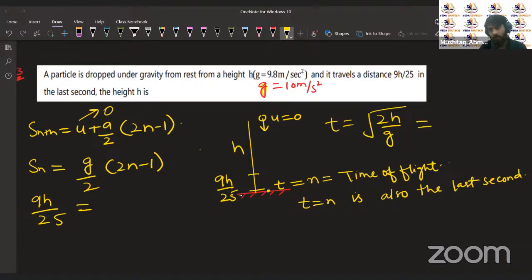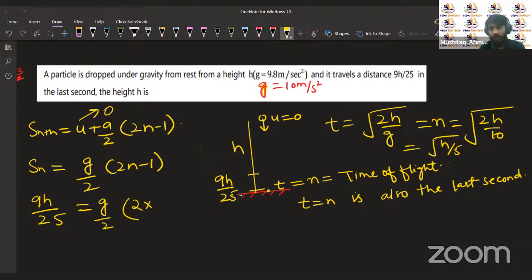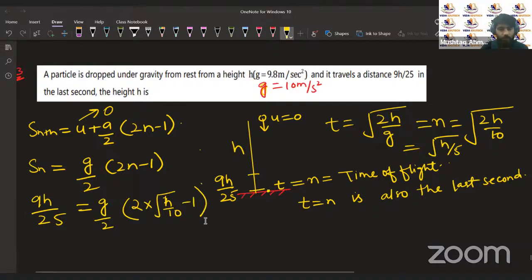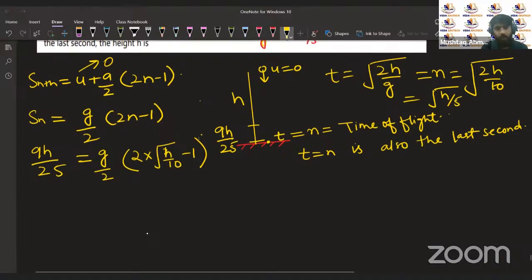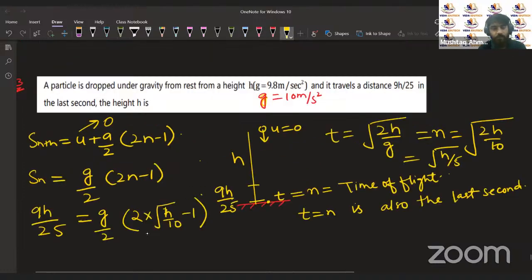So we can write n is equal to under root of 2h over 10, or it will be equal to root h over 5. So from here, g by 2 will be left with 2 times n, so n here is root h over 5 minus 1. We have to calculate this height h.